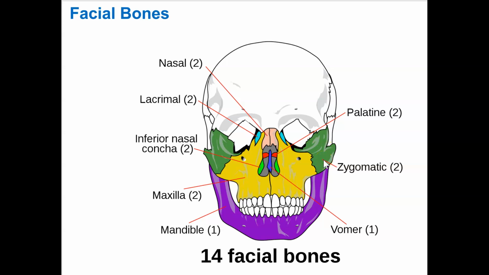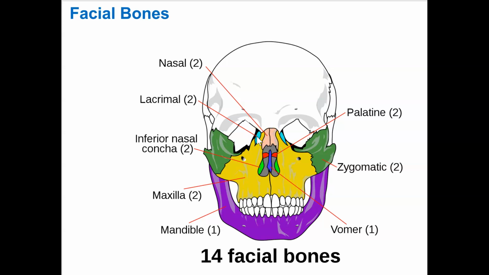Zygomatic bones are your cheekbones. The palatine bone is back in here. Vomer is the bottom part of the nasal septum. Nasal bones make up the bridge of your nose, and the lacrimal bones are actually pretty easy to spot.